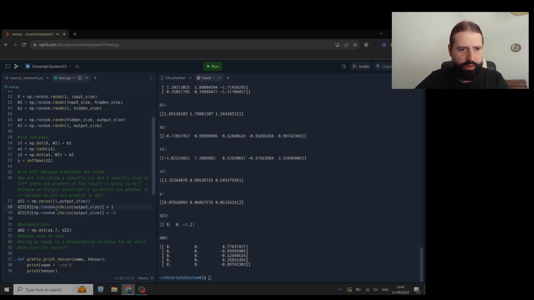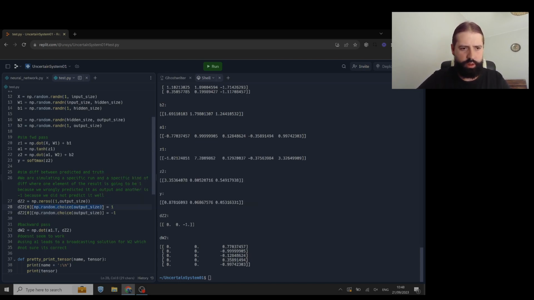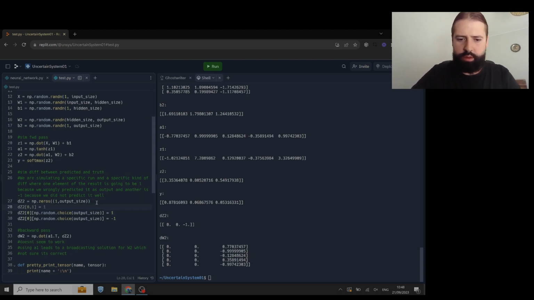Because what we can do is, okay, right, so it must be different. So generate two different random indices for the diff.